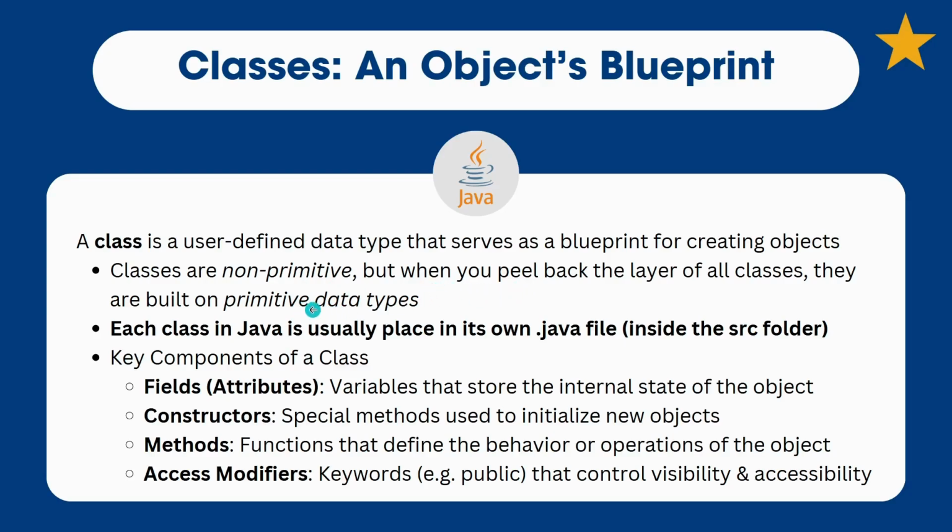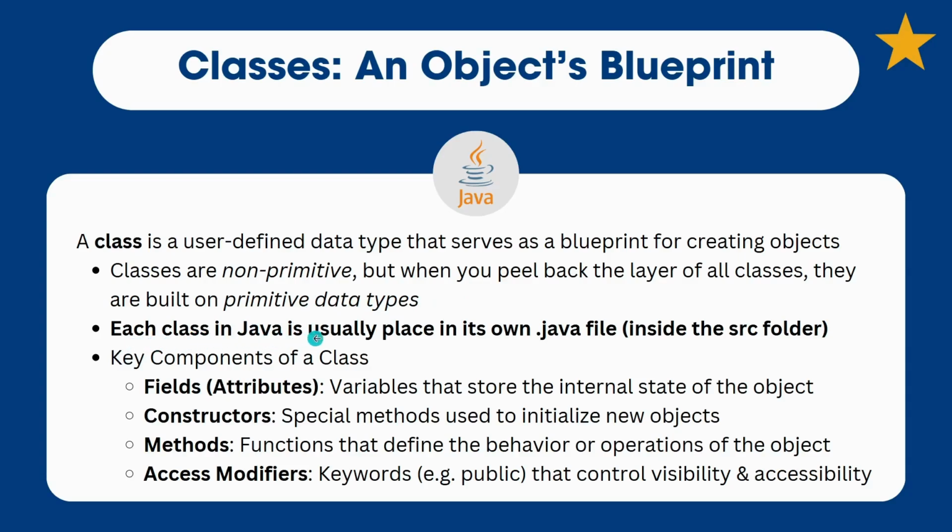These are the building blocks of Java, right? Everything is built off the primitives. So again, doesn't matter how many classes you have, how complicated the program is. If you continue to peel back all those classes, that goes for the Java standard classes as well, you're gonna find just primitives.